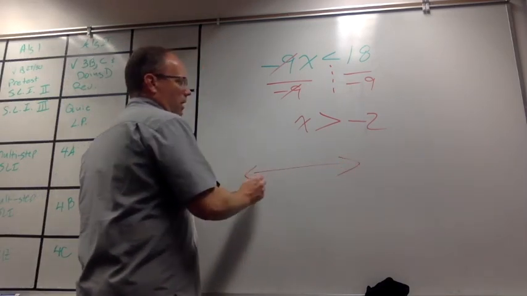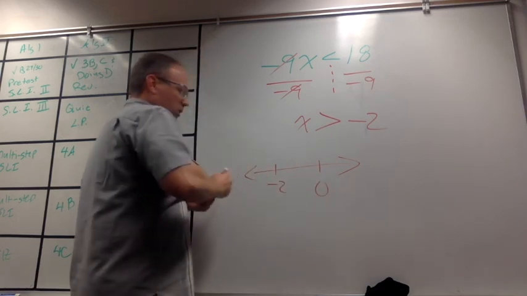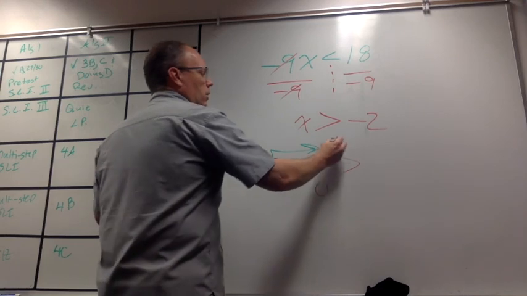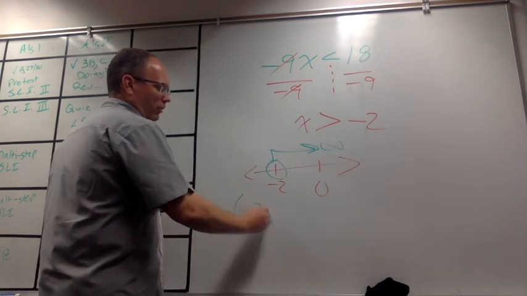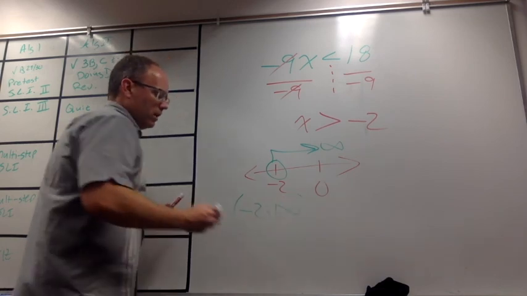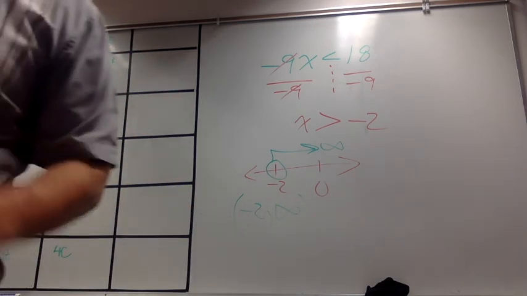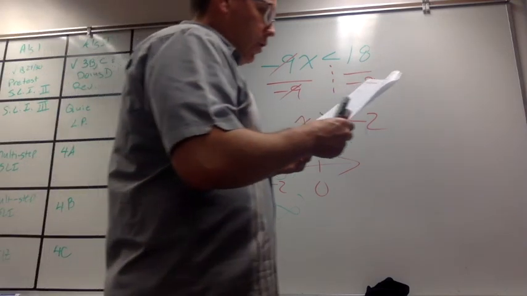On a number line, I have negative 2 here and 0 here. It's an open dot going to the right, to infinity. In interval notation, it goes from negative 2 to infinity. Cool? Don't forget, if you multiply or divide by a negative, make sure you flip the sign over.